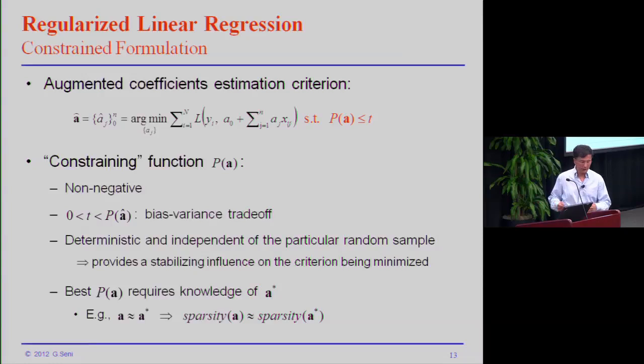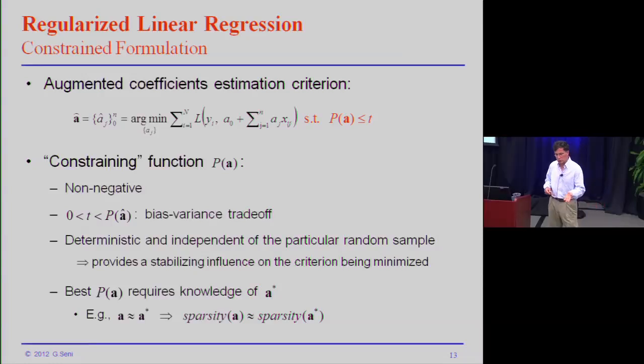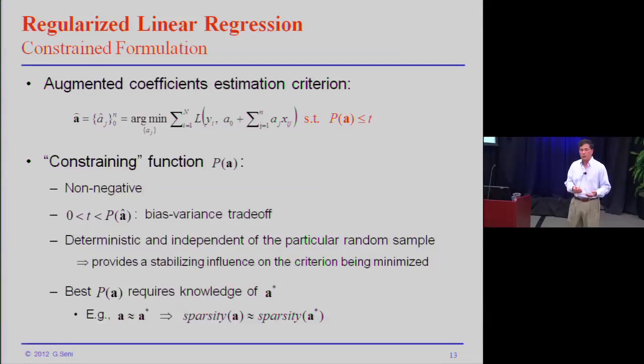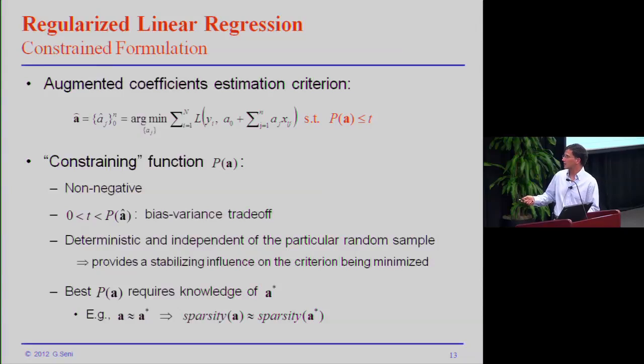If our solution, the one we are obtaining using the data that we have, is close to the optimal solution, we expect that the sparsity of our solution is similar to the sparsity of the optimal solution. And so, as a guiding principle, we want penalties that can generate solutions of various degrees of sparsity. And I'll come back to this point later.